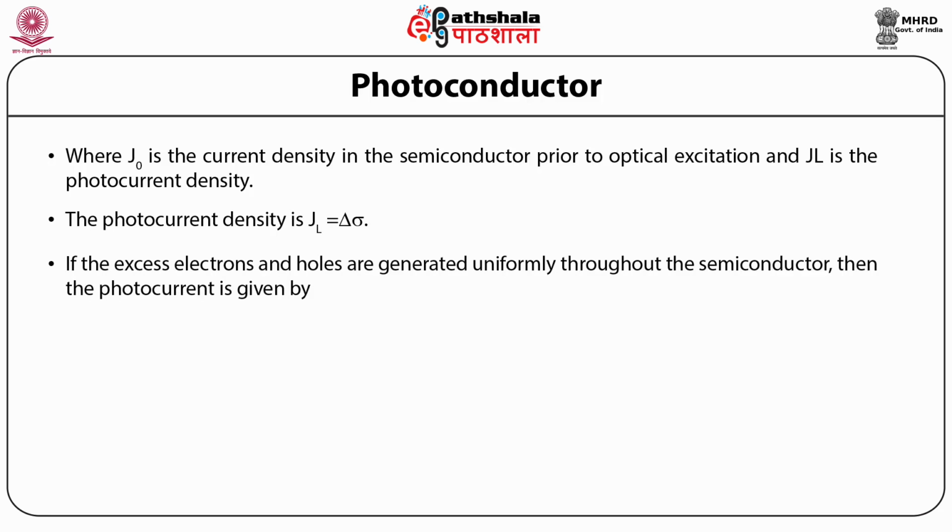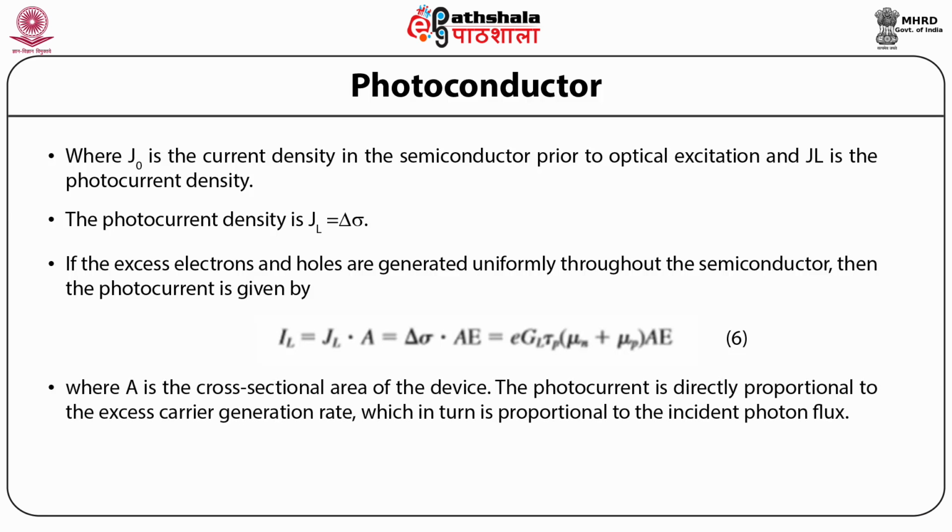If the excess electrons and holes are generated uniformly throughout the semiconductor, then the photocurrent is given by I_L equal to J_L multiplied by A equal to delta sigma multiplied by A E equal to e G_L multiplied by tau p multiplied by mu n plus mu p multiplied by A E, where A is the cross-sectional area of the device.